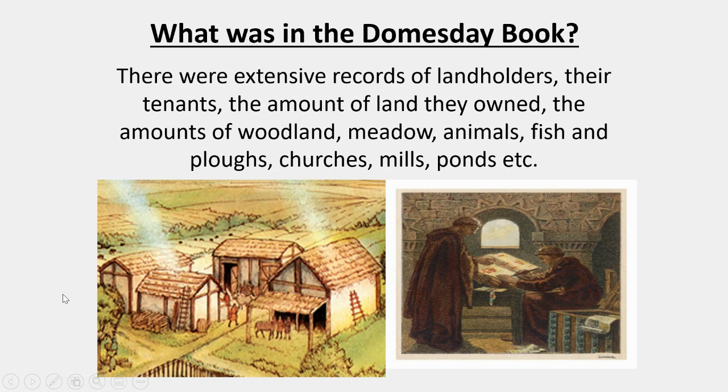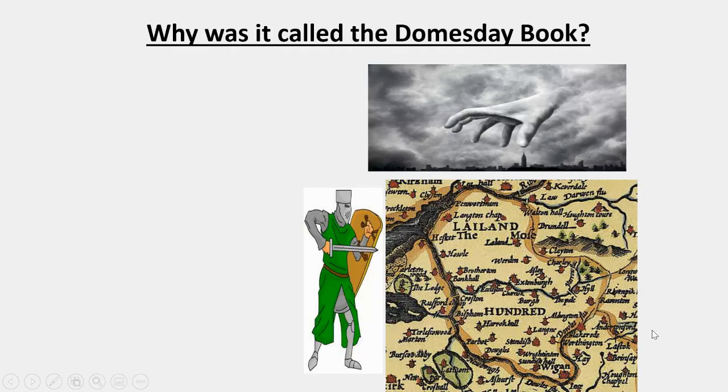It contained the records of the landholders and the tenants. If you think about it, the landholders are the barons, the tenants are the people they lend land to, the knights, who then have their own tenants who are the peasants. It includes the amount of land they own, how much woodland, meadow, animals, fish, ploughs, churches, mills, ponds, all of these things, because he's going to take 10% of it.